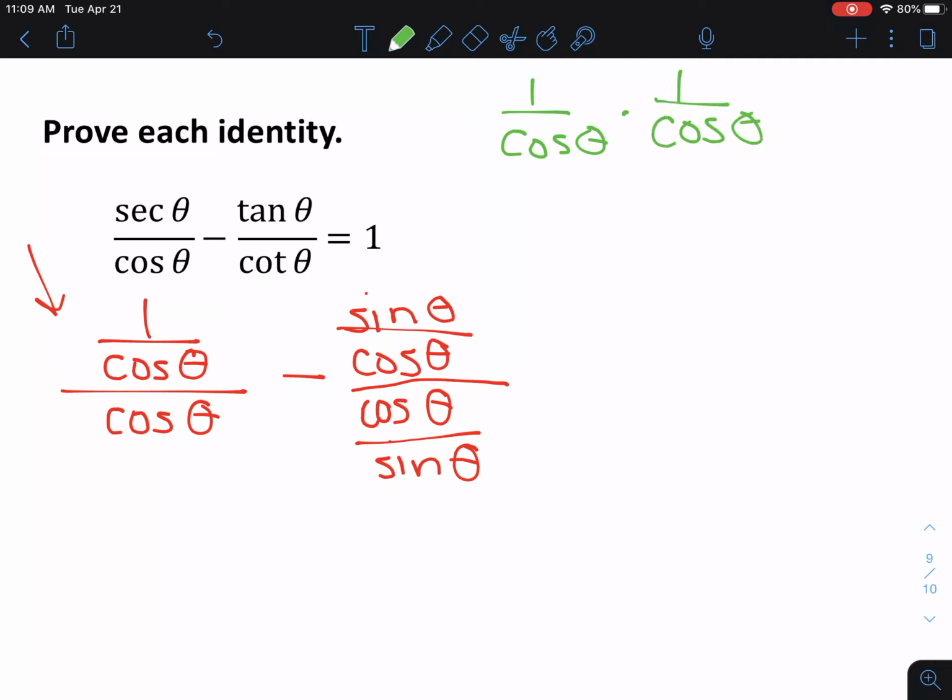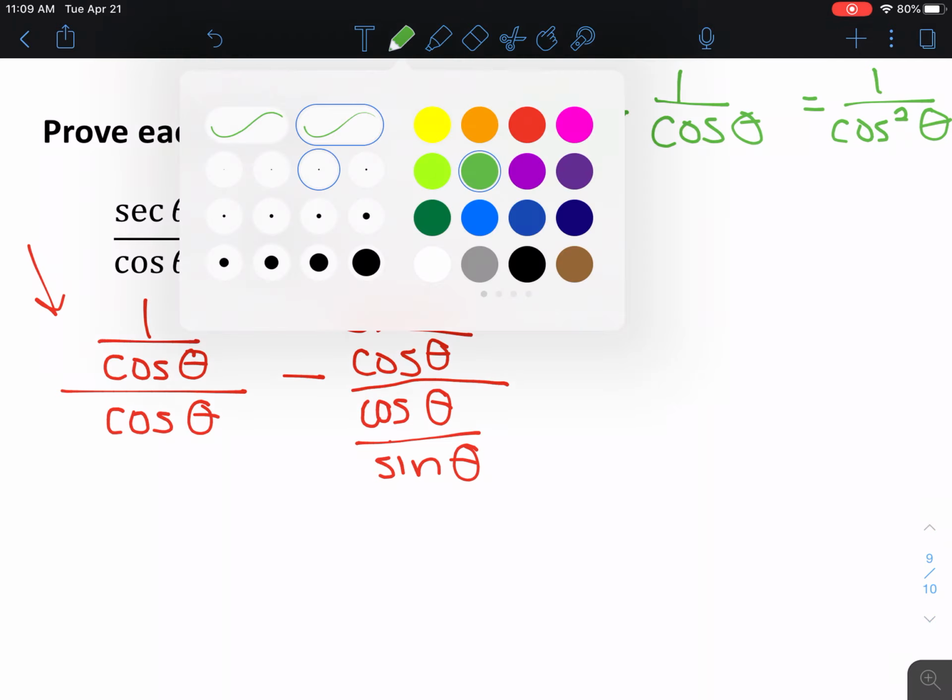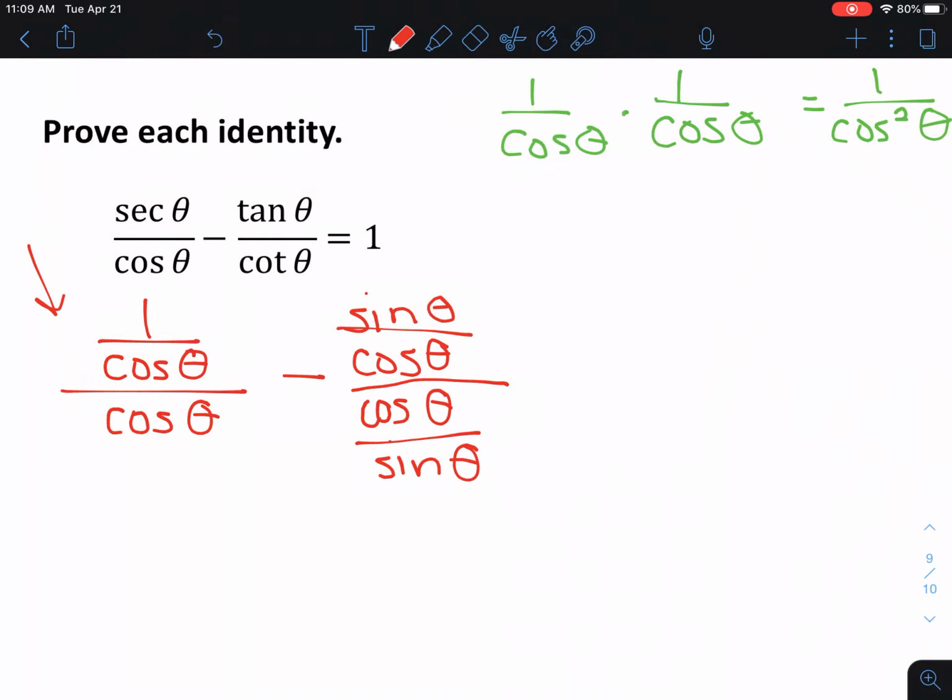If I multiply those, I get 1 over cosine squared theta. So instead of what I have as this first fraction, I'm going to write that now. Let's go back to red. So this is now 1 over cosine squared theta.